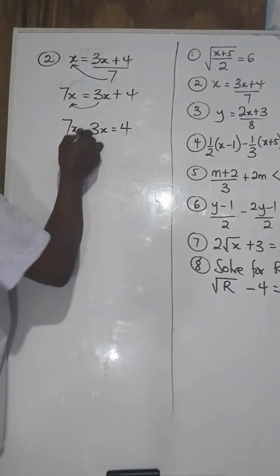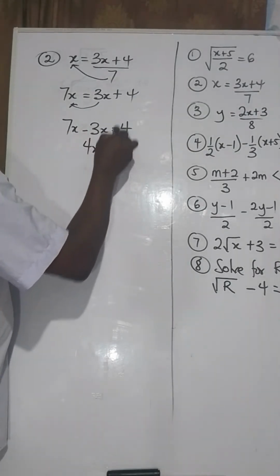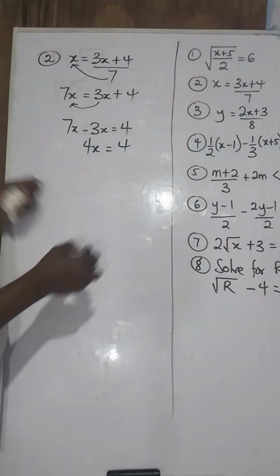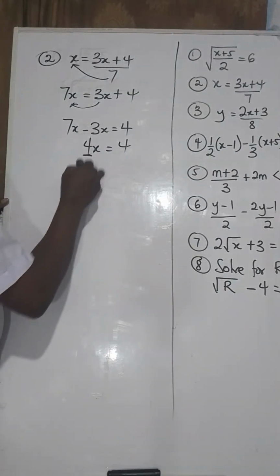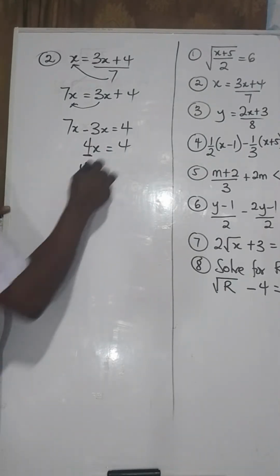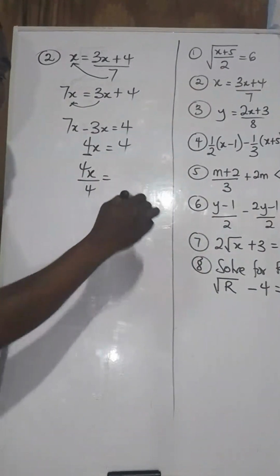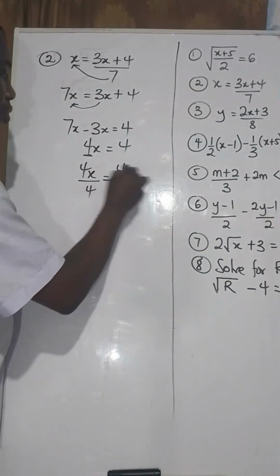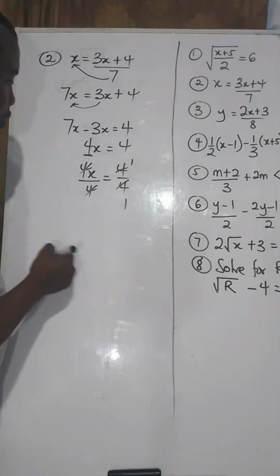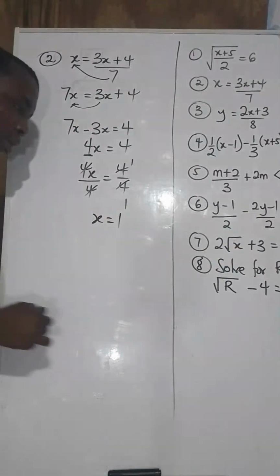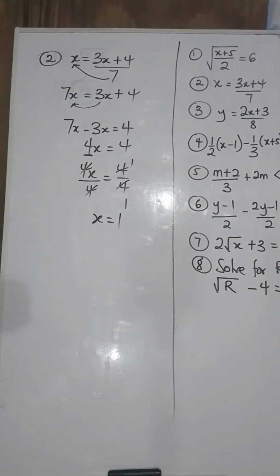With this one, you have 4x = 4. So you divide through by the coefficient of x. So 4x on 4 equals 4 on 4. This cancels this, then 4 into 4 is 1. So x equals what? 1. Right, so get that one, and let's see how it goes.